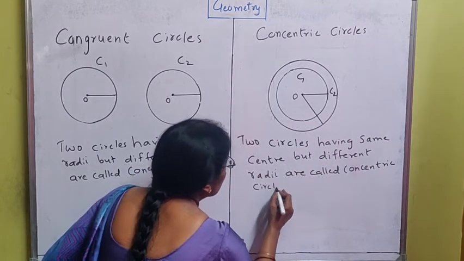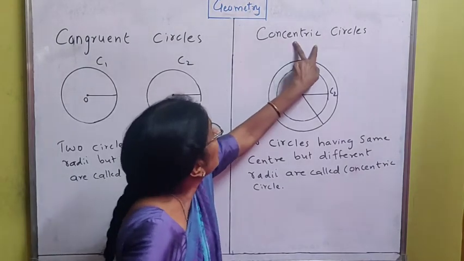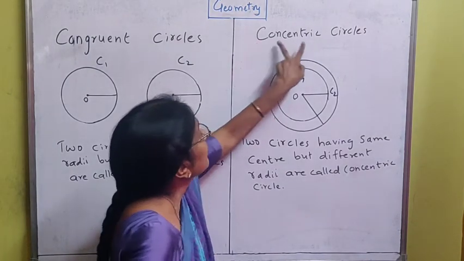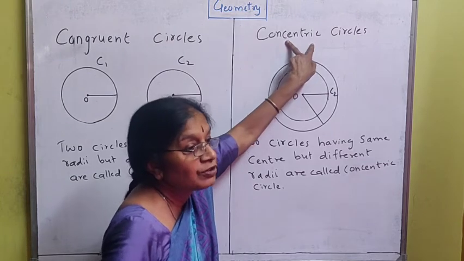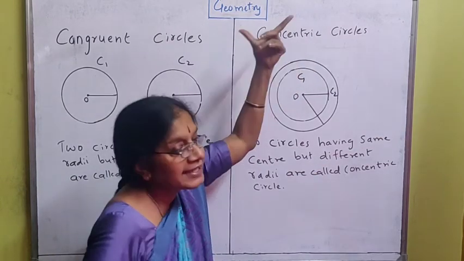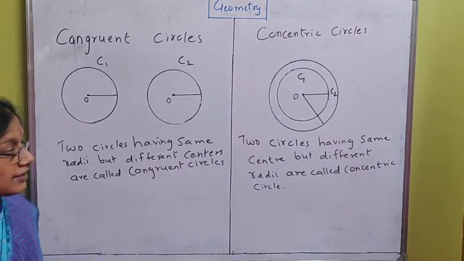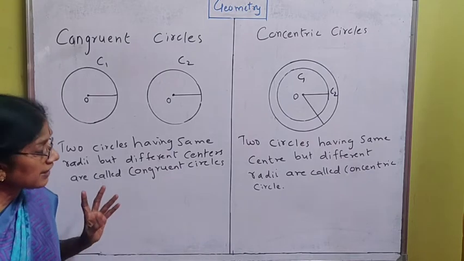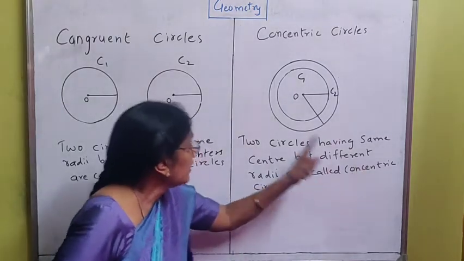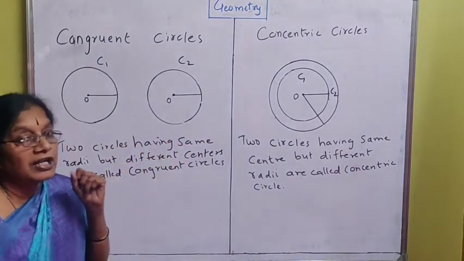circles. One more very important thing is over here. Concentric. Con means same. Centric means center. So the circles having same center. The word itself can make you understand what is meant by concentric circles. So we came to know what is meant by concentric circles. Two circles having same center but different radii are called concentric circles.